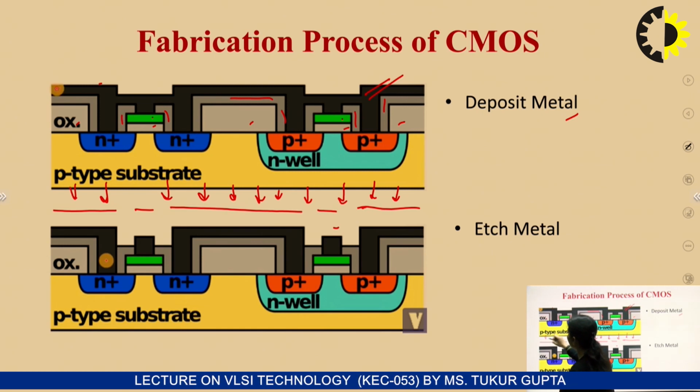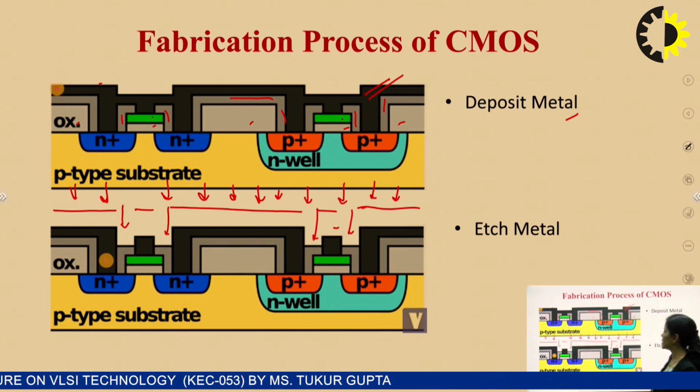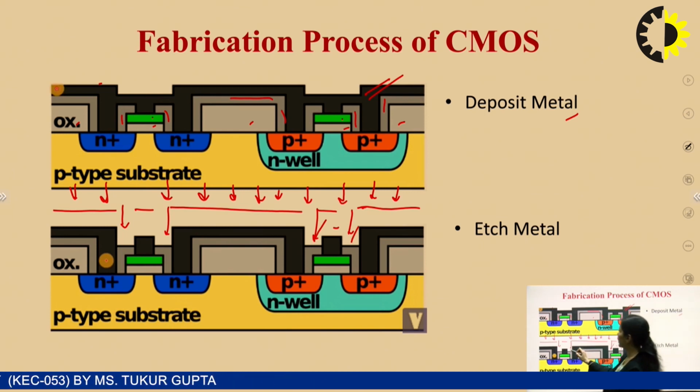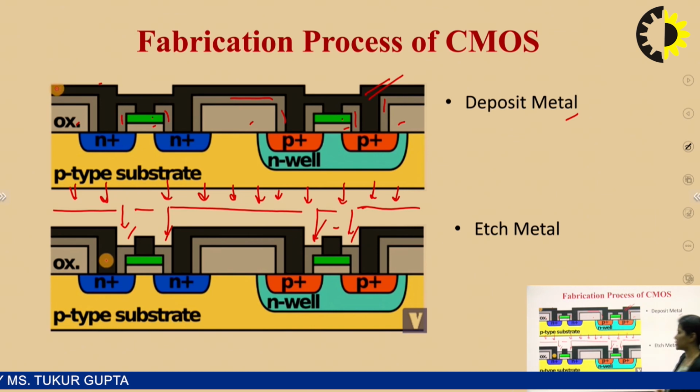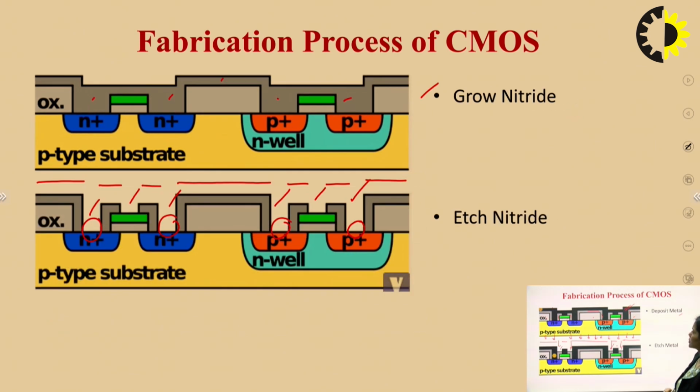When UV rays pass through this mask, they will come through these areas, and finally the metallic layer can be removed in these areas. So this is how the whole of the NMOS and PMOS has been created in this CMOS device.